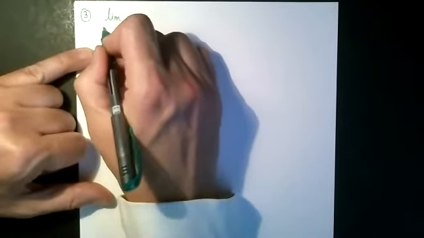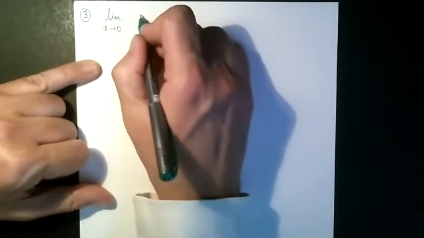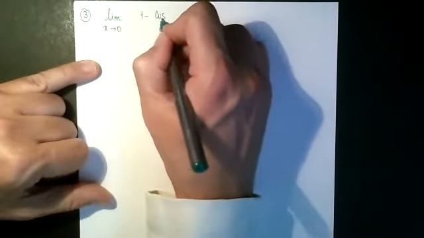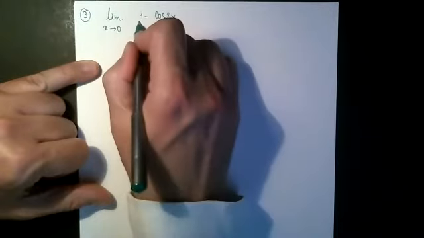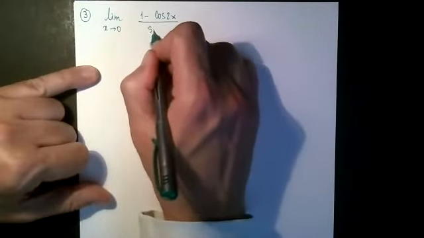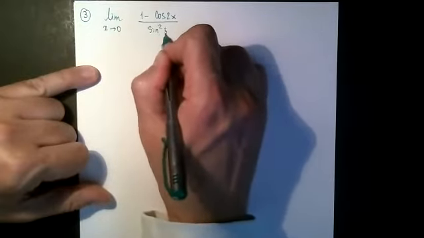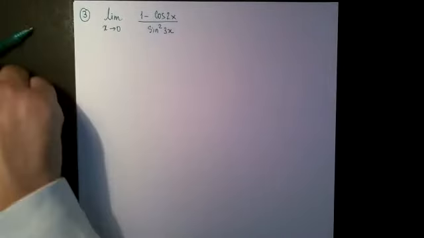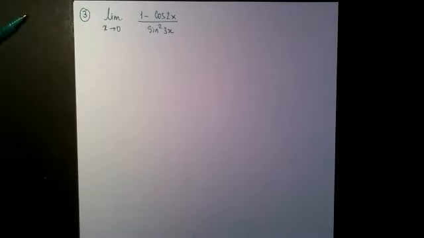Limit as x approaches 0 of 1 minus cosine of 2x divided by sine squared of 3x. Okay, do you want to try it? Or you want me to do the first one like this? If you have no idea how to do it, I will do it. If not, I will let you try it. What do you prefer? You want to try it? Okay. So go ahead, I'll wait.